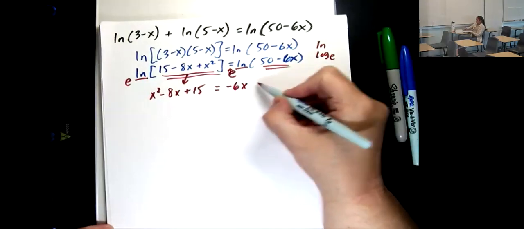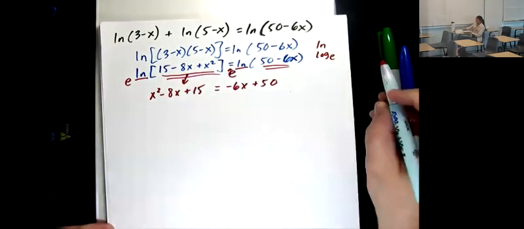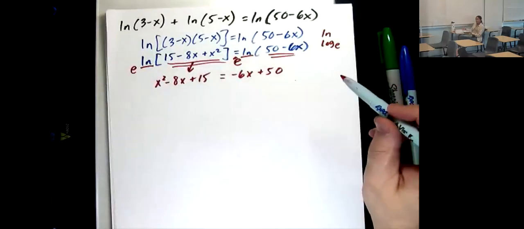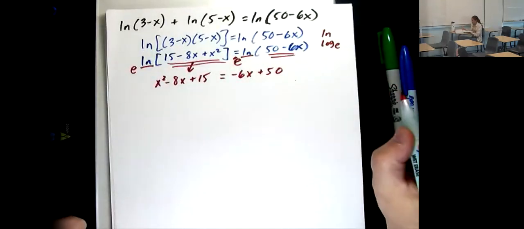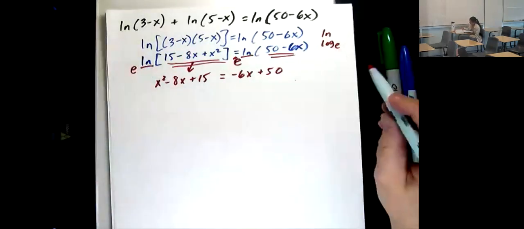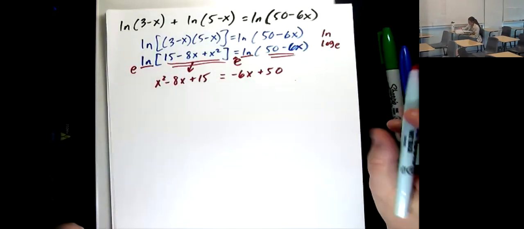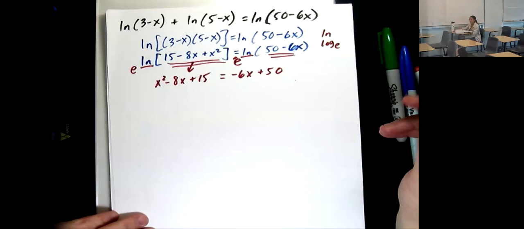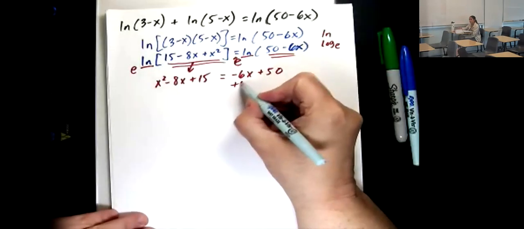That's the same thing as recognizing that the insides match, so they got to match. The e thing always works though. You don't always have an ln on both sides. Well, now we just got to solve for x, which means we got to get everything to the same side, right?